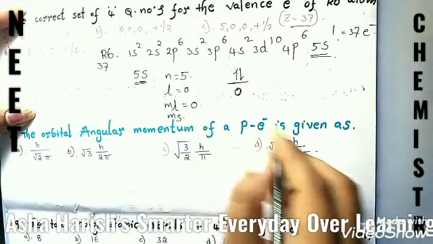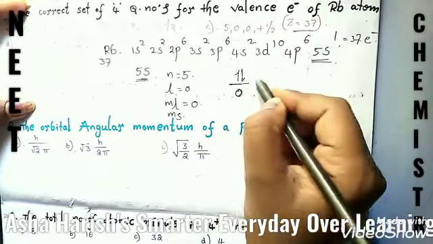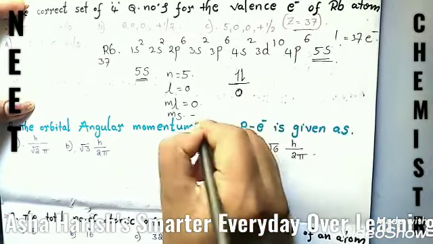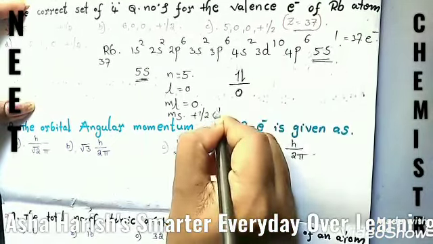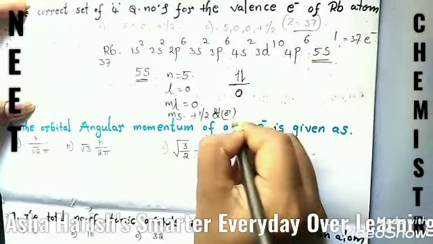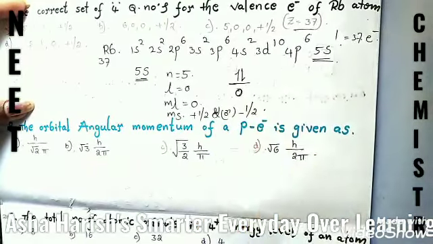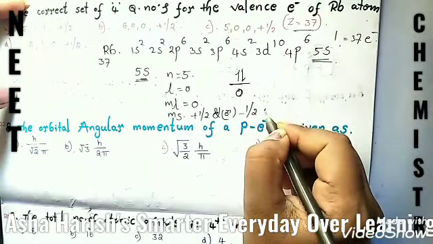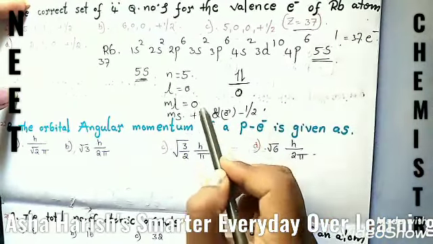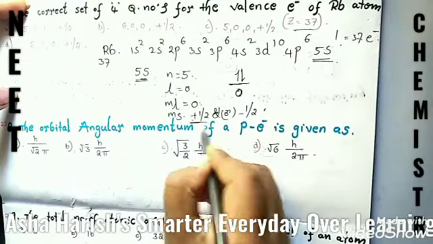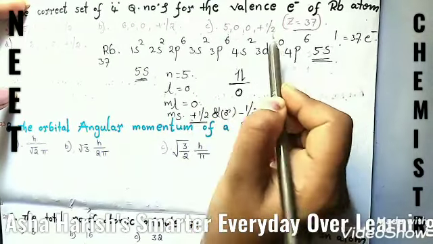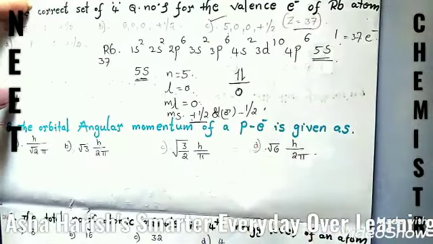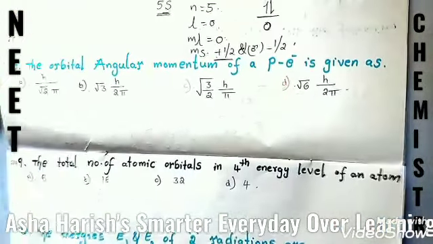Then the ms value, if it is upward direction or downward direction, is plus half or minus half. In these two you can take any one electron. So the quantum numbers are 5, 0, 0, plus half. So option C is the correct one for this.